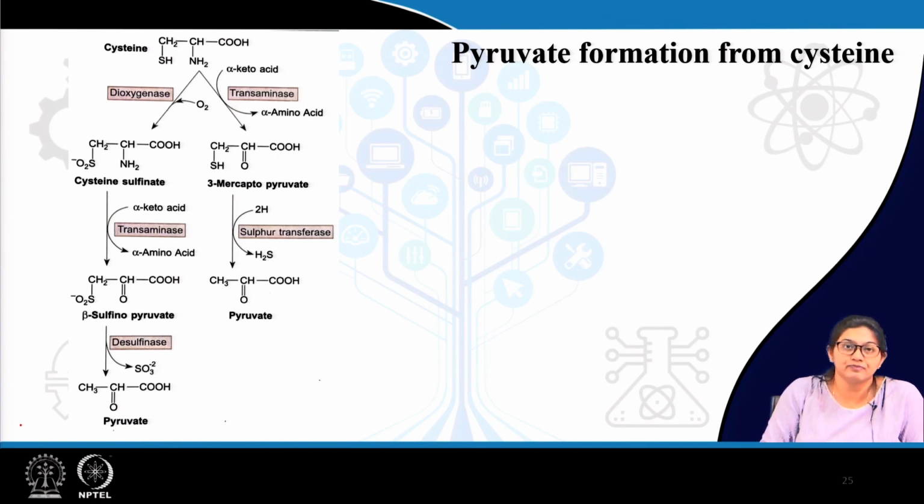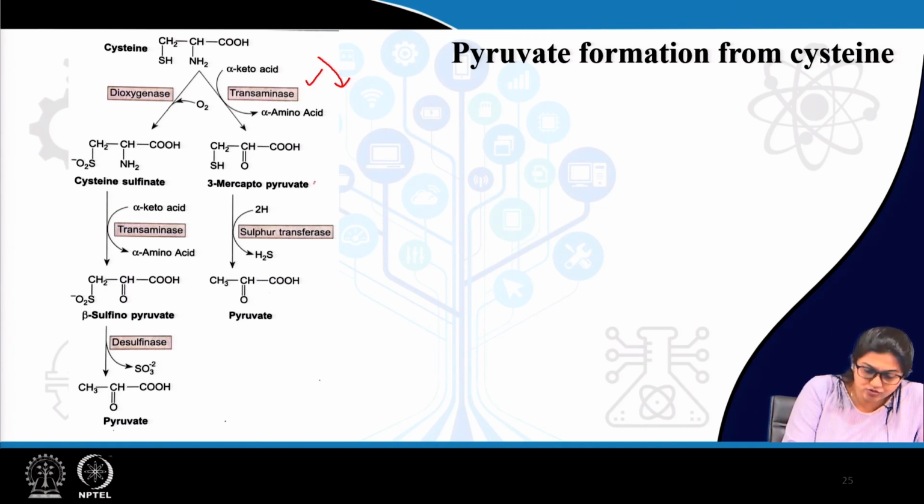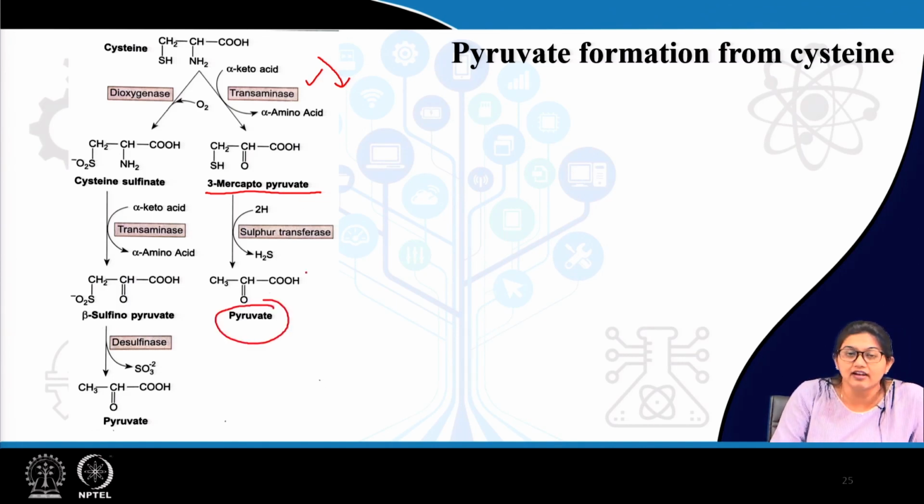Here you can see in this pathway there is transamination to form 3-mercaptopyruvate, which finally forms pyruvate via donating the sulfur as H2S. The other variety, which involves the enzyme dioxygenase, is the major variety.